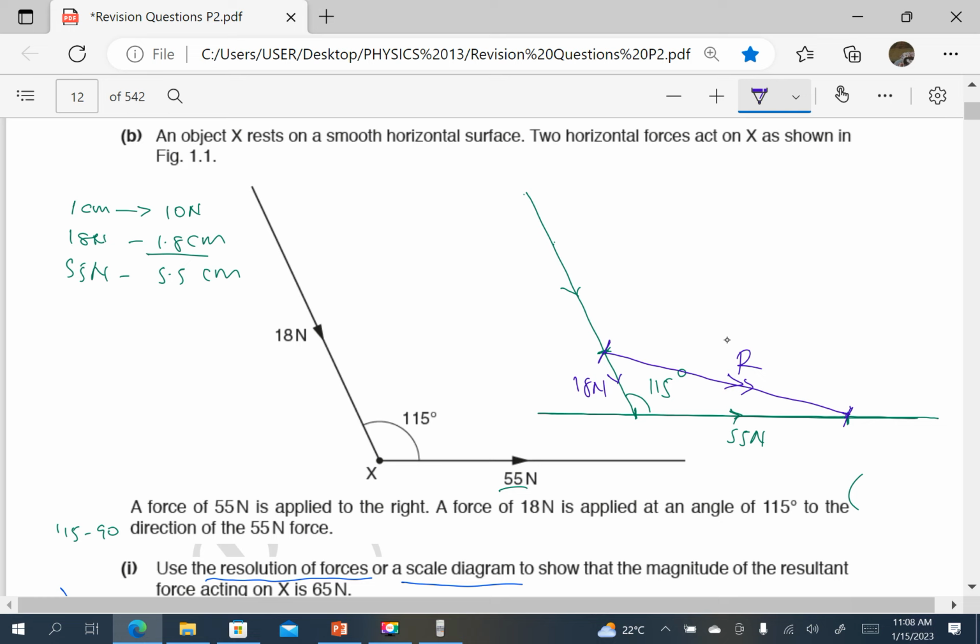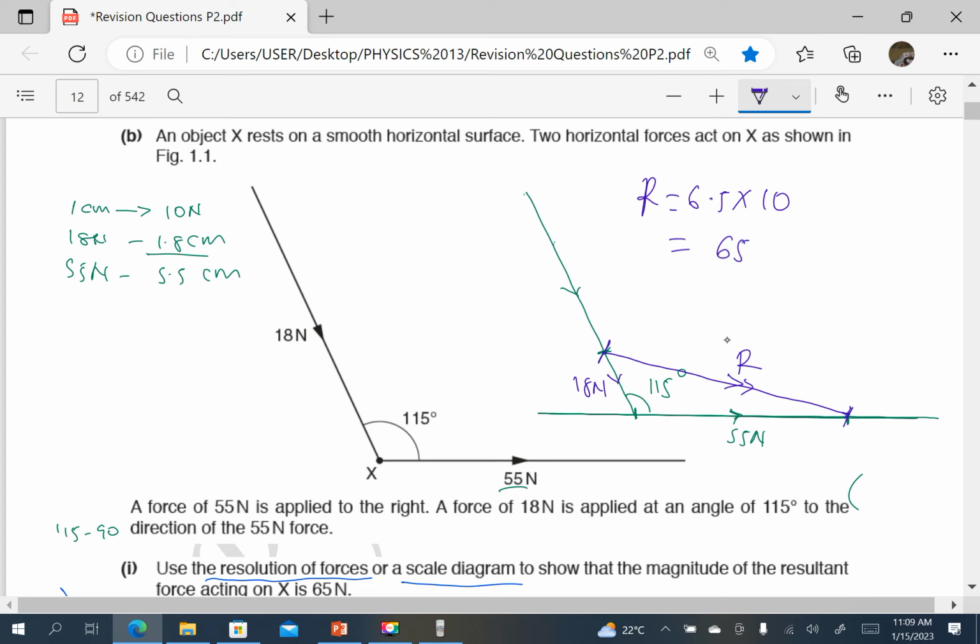I am getting R as 6.5 centimeters times the scale, which is 10.